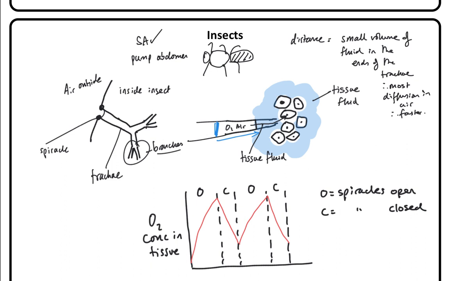So insects are opening and closing to try and maintain the oxygen concentration, and they do this because insects are generally tiny, and whenever they have their spiracles open, they're going to be losing water. Water is going to be evaporating from the tissue fluid into here. It's going to be diffusing out.